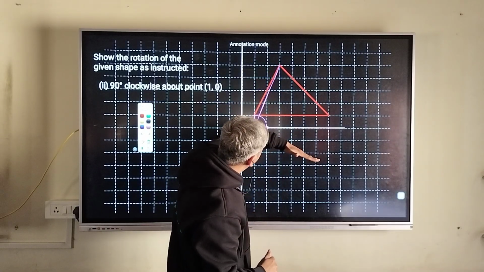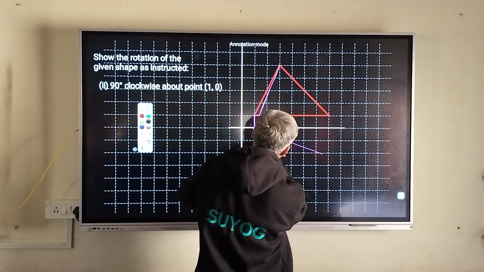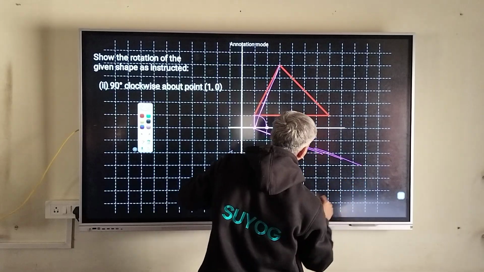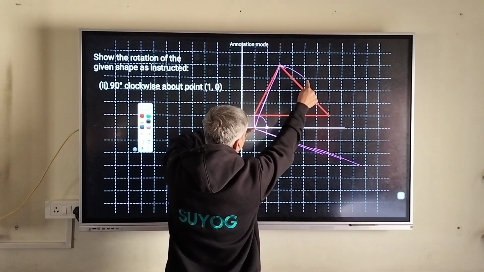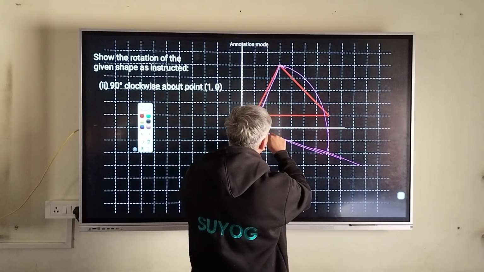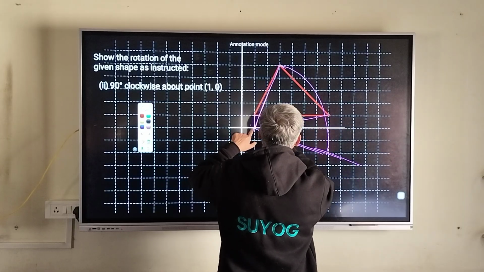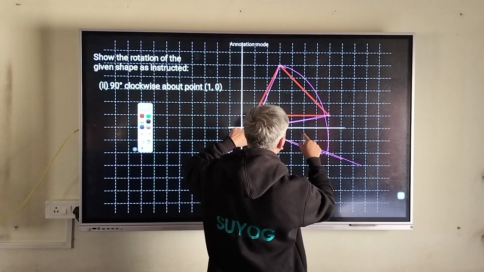Now if we rotate this by 90 degrees, we will get something like this. And this, and now join this point and let's rotate it through 90 degrees.